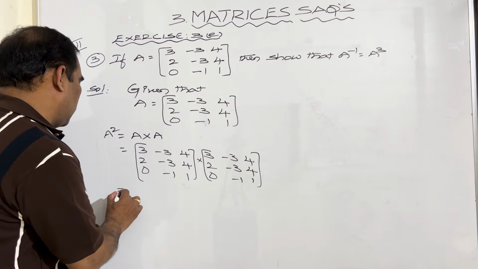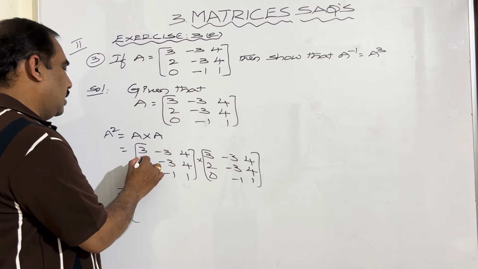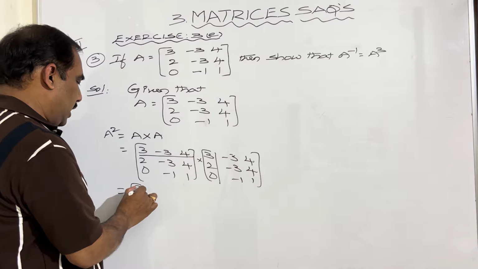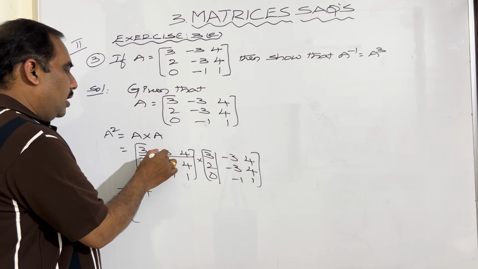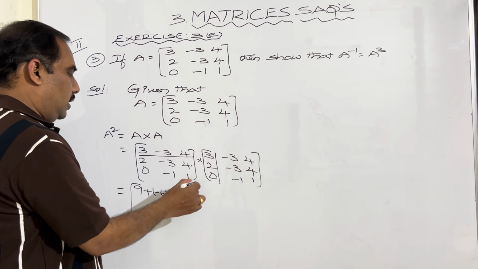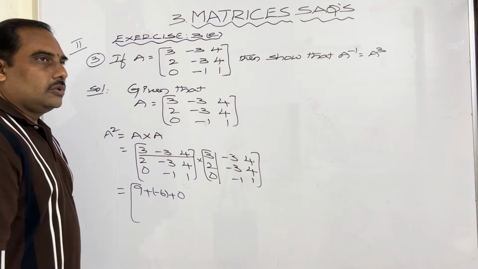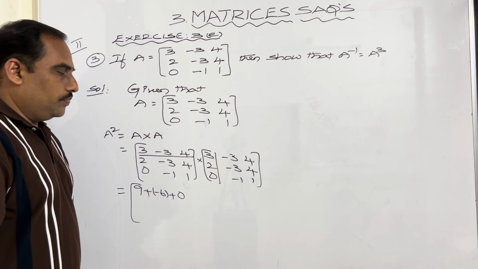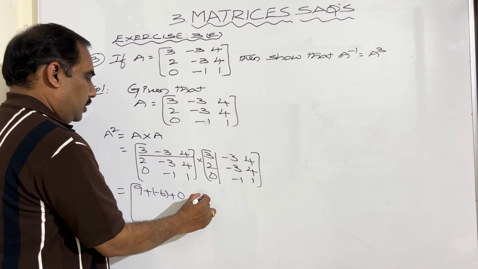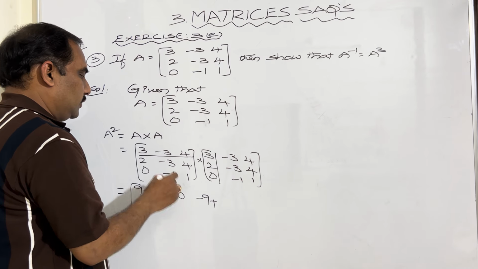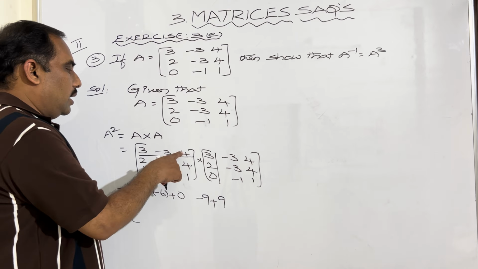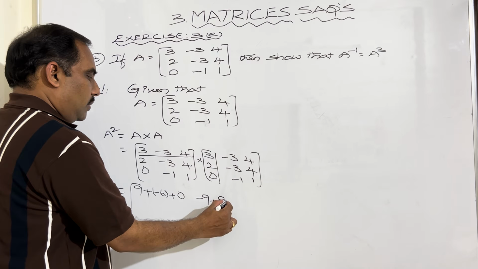Now, multiplying first row, first column: 3 into 3 is 9, plus minus 3 into 2 is minus 6, and 4 into 0 is 0. First row, second column: 3 into minus 3 is minus 9, plus minus 3 into minus 3 is plus 9, and 4 into minus 1 is minus 4.